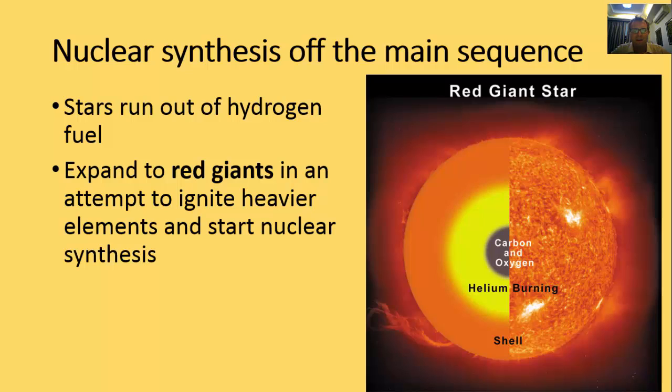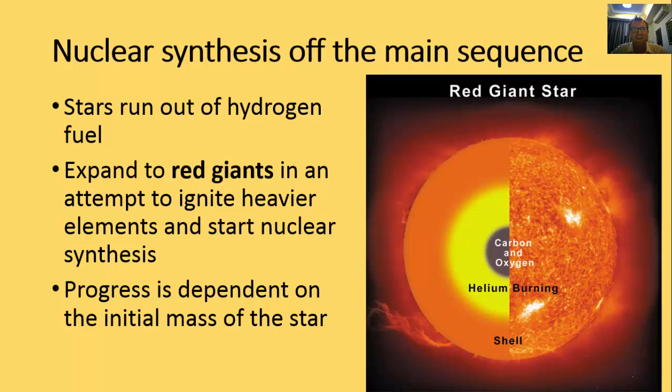We've spoken about that beforehand, there's nothing new there, and this progress is dependent on the initial mass of the star. So the larger the mass, the heavier the nuclei that can be produced. And we know that there are certain limits where the stars don't produce any more heavier elements. Seems all fair enough.